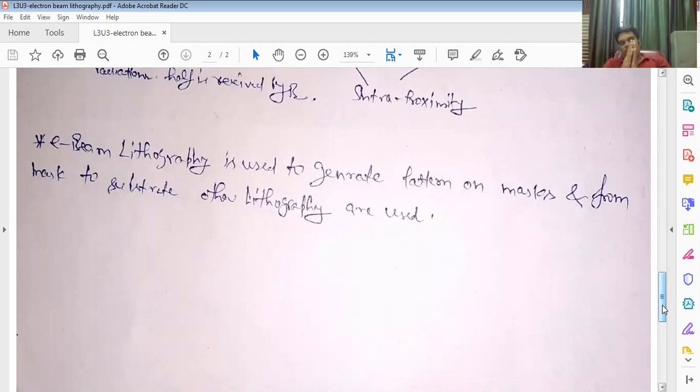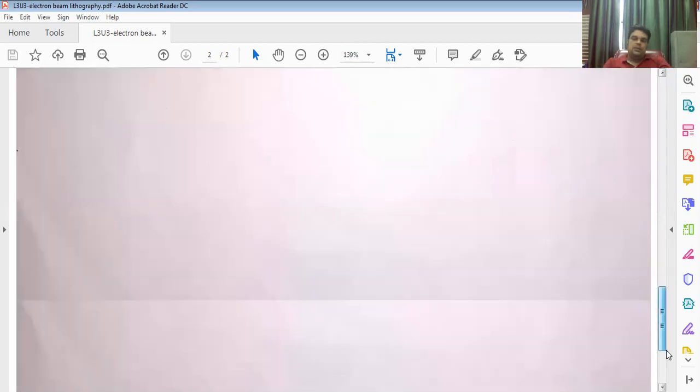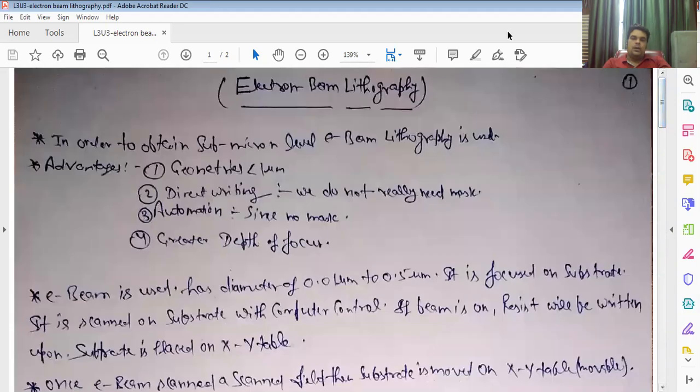Once the pattern has been deposited on the mask, other lithography methods such as optical lithography and X-ray lithography are used to print that pattern onto the substrate. So this was your electron beam lithography. Okay, thank you.